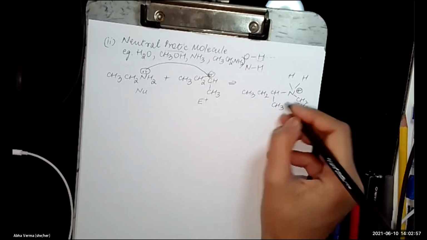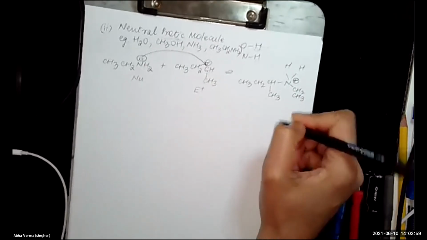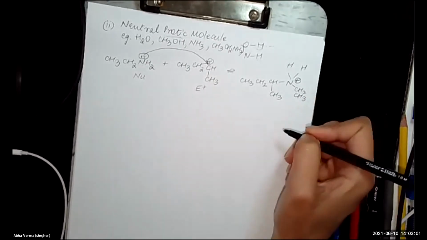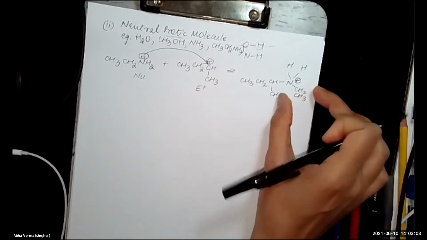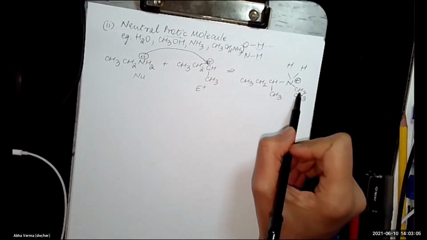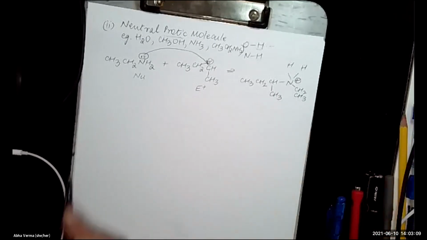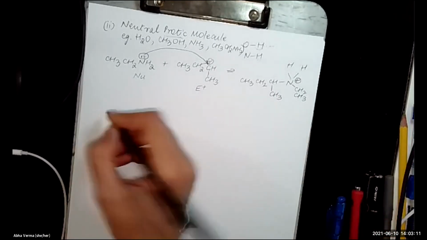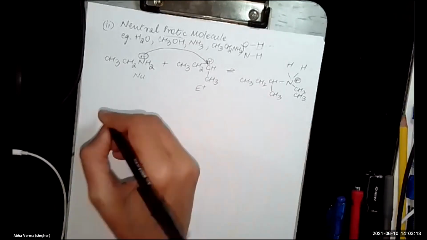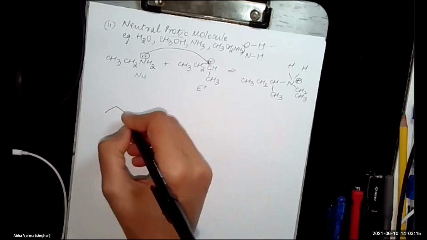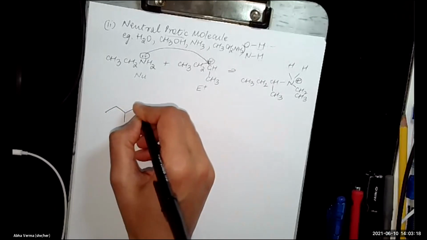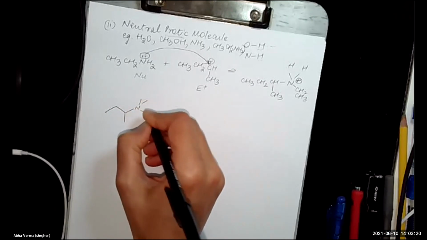Why? Because you don't want to use a positively charged molecule with chloride, with bromide, or any other material. You just want a plain amine. At that point, we will be doing deprotonations.